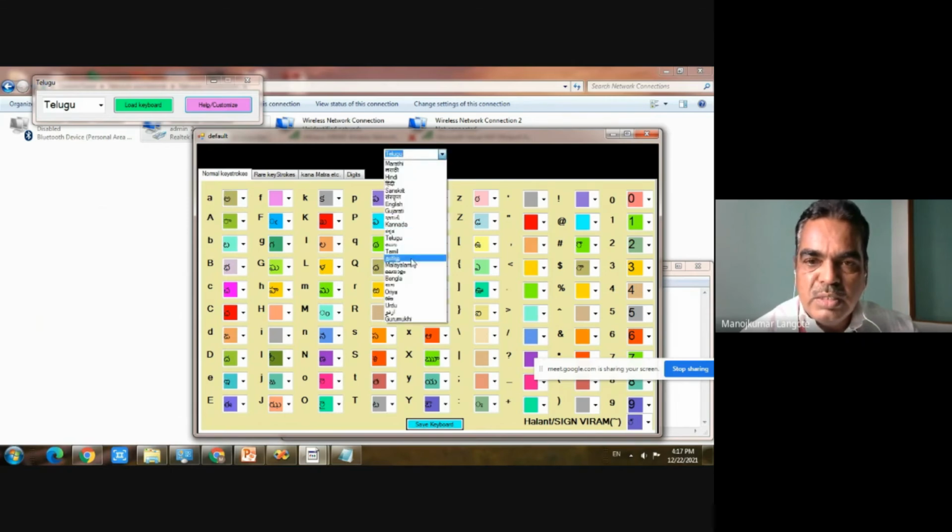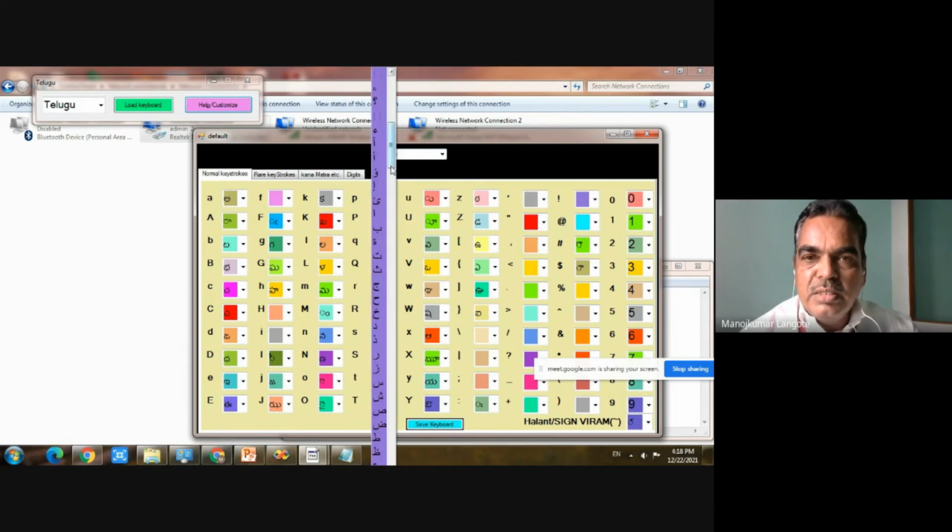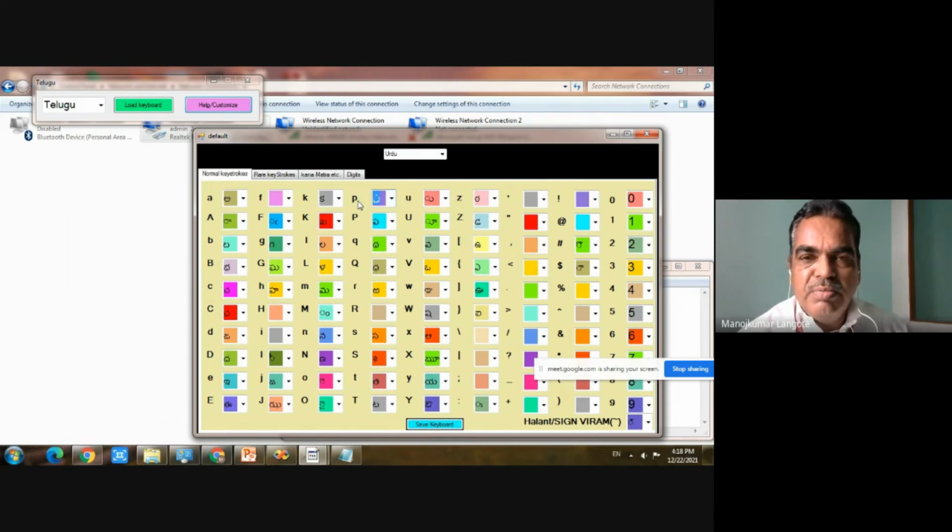If I select Urdu, then all these combo boxes are initialized with the Urdu letters, and you can choose the Urdu letters as per your expectation. If I press P, it will show this Urdu letter.